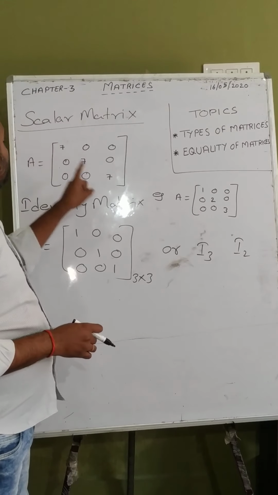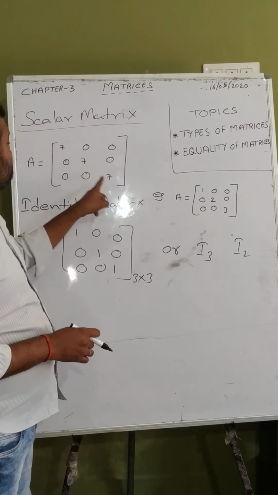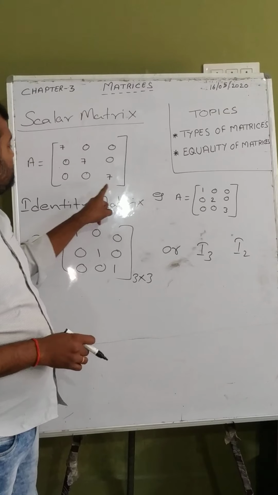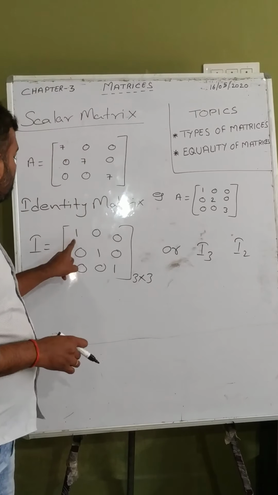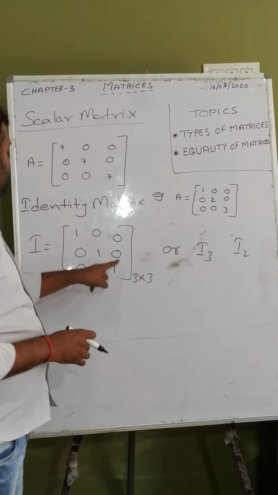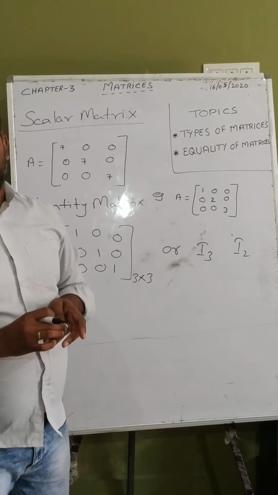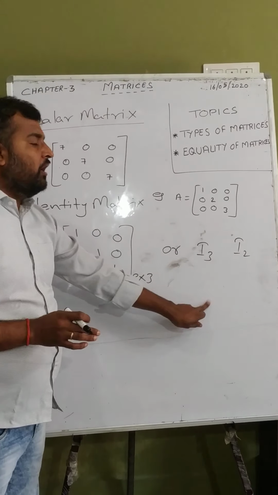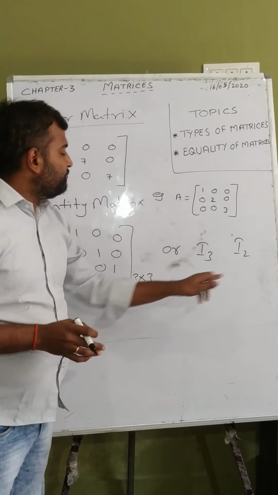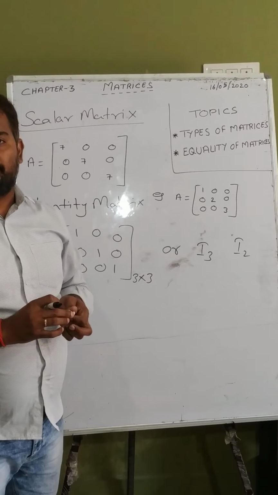And if all the diagonal elements become 1, then it becomes the identity matrix. The identity matrix is generally denoted by I, and this 3, 2 represents the order of the identity matrix.